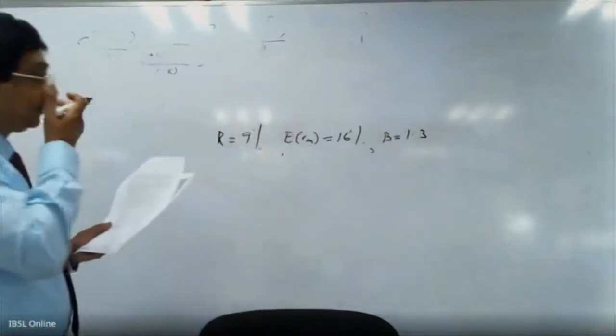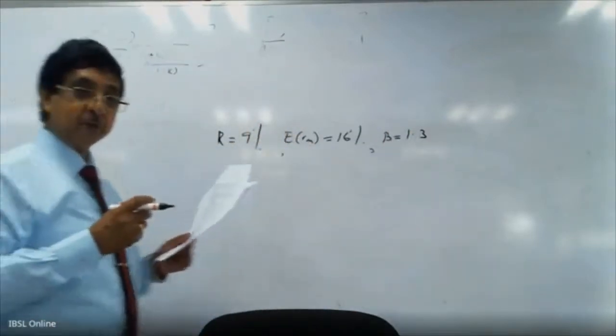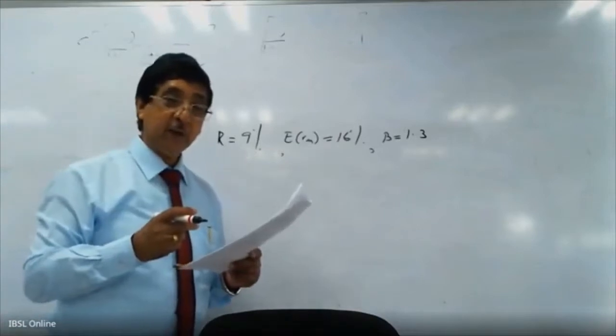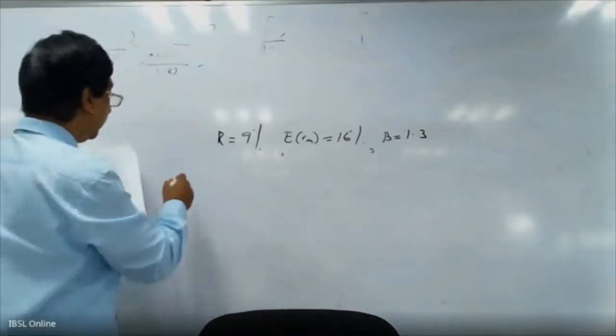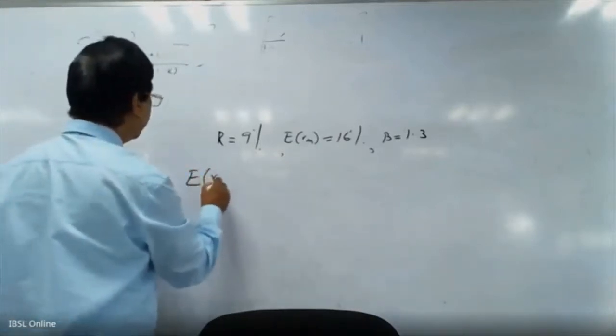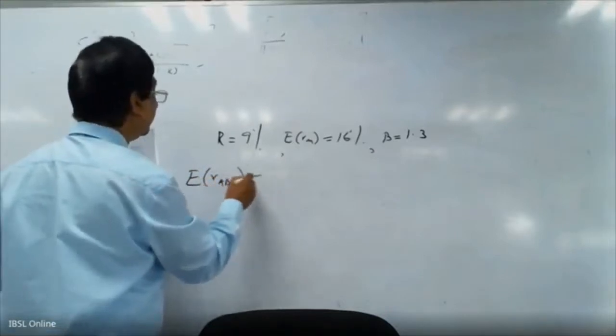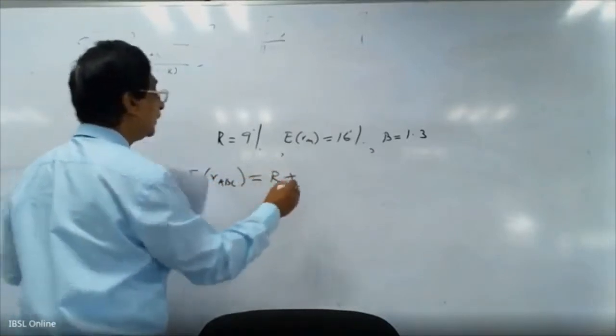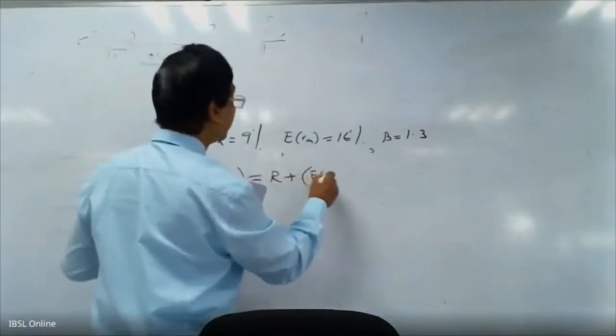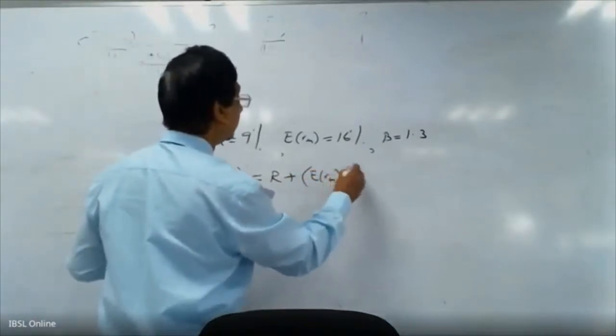Now, by using the capital asset pricing model, we will be in a position to arrive at the equilibrium return. So, equilibrium return of ABC is equal to R plus (ERM minus R) into beta.